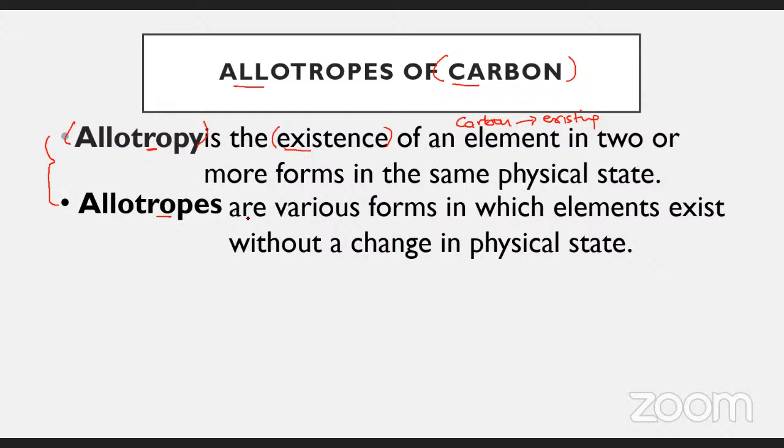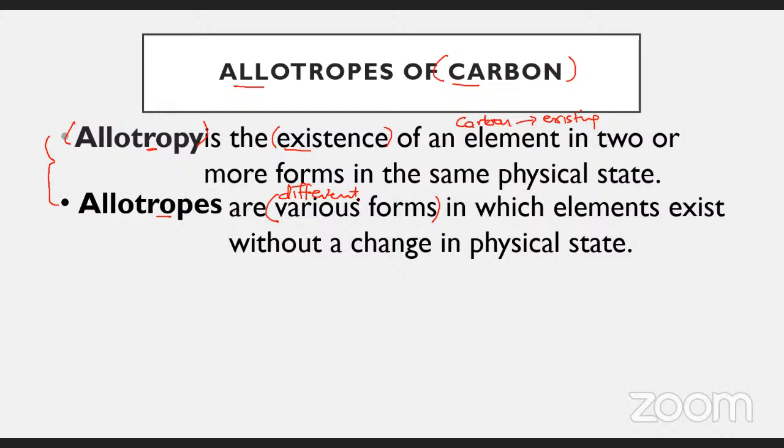So like we said, these are various forms in which elements exist without change in physical state. When we say various, we can also put different forms. If you don't want to use the word various, you can use different.